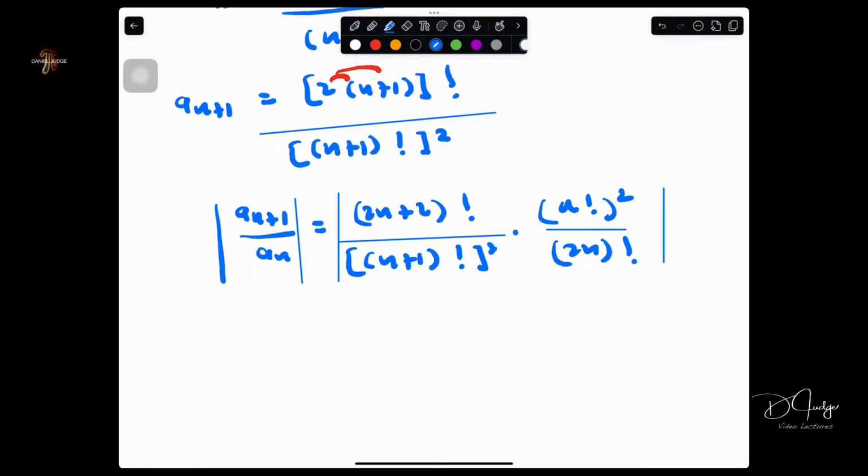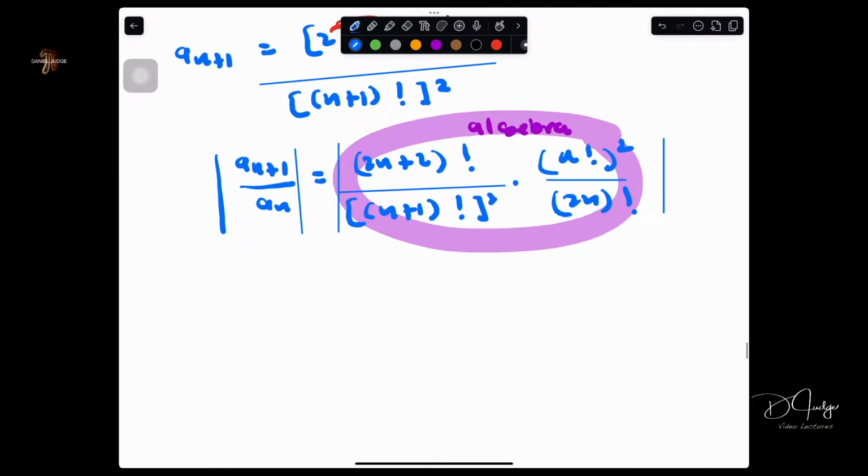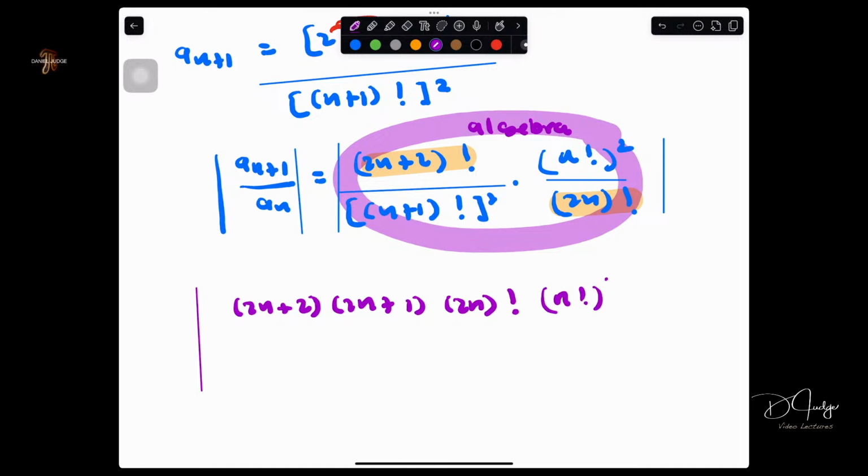So right in here, we're going to use again some algebra. All right. So 2n plus 2 factorial. Remember the definition. I know right up here, I have a 2n factorial in the denominator. So I'm going to stop. We have 2n plus 2, 2n plus 1, and then I'm going to say 2n factorial. I got n factorial squared, so my numerator is taken care of here.